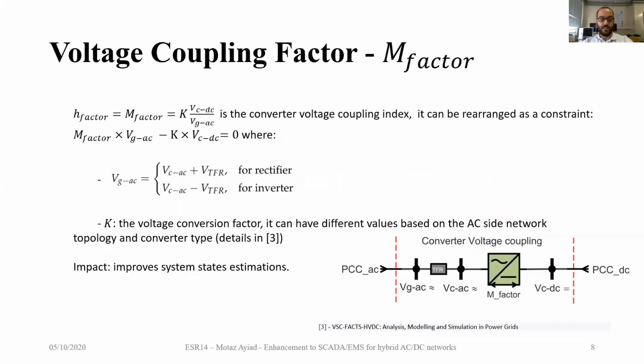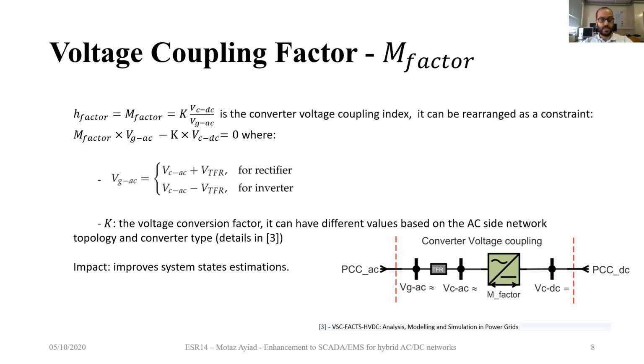On the other hand, the voltage coupling factor, or the M factor, or as it's called in some literature, the modulation factor, is basically finding a relationship between the voltage of the converter at the DC side and the voltage at the AC side of the converter.